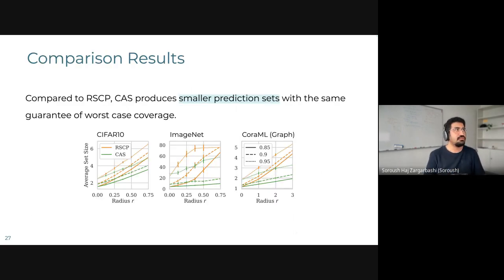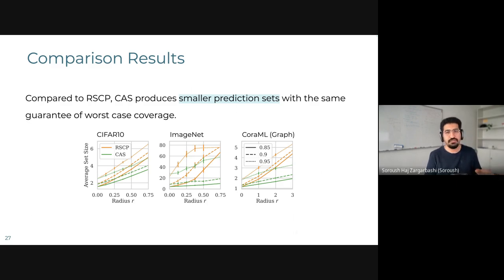So to just summarize our results, basically we compared our approach with the state-of-the-art RSCP, which was working with a mean bound. So our approach is maintaining the same guarantee with much smaller set sizes. We tested on CIFAR10, ImageNet, and Cora ML, which is a graph.